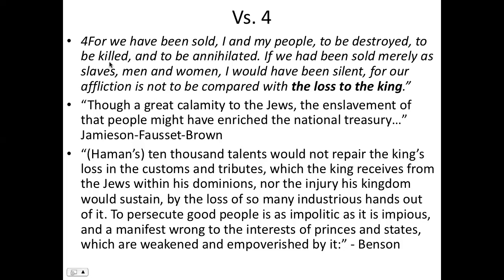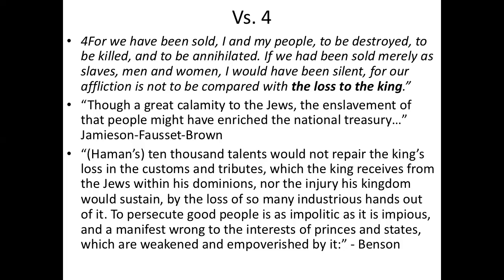If we had been sold merely as slaves, men and women, I would have been silent, for our affliction is not to be compared with the loss to the king." So she's saying she would like for herself and her people to live. She wouldn't even have brought this up if they were just going to be sold into slavery, because even if they're afflicted to that degree, it's not to be compared to the loss to the king.